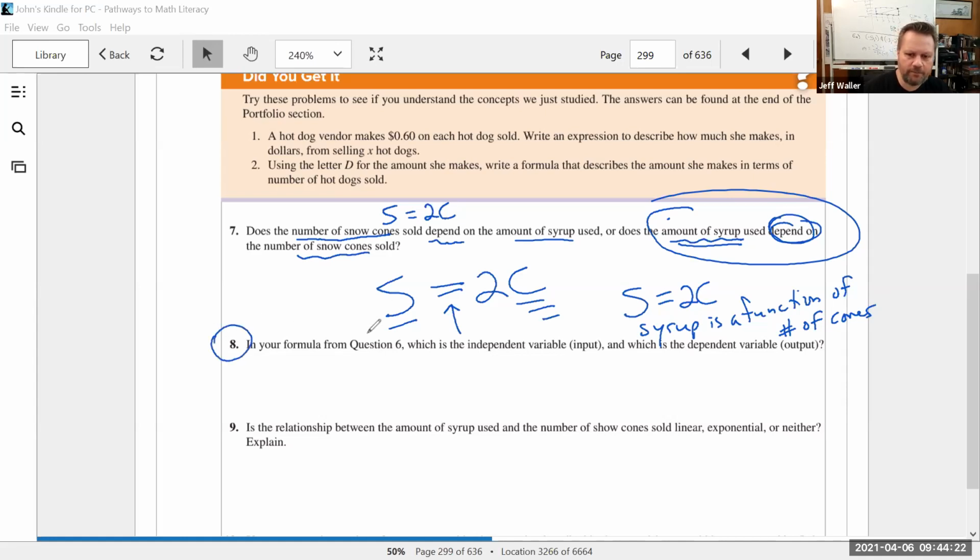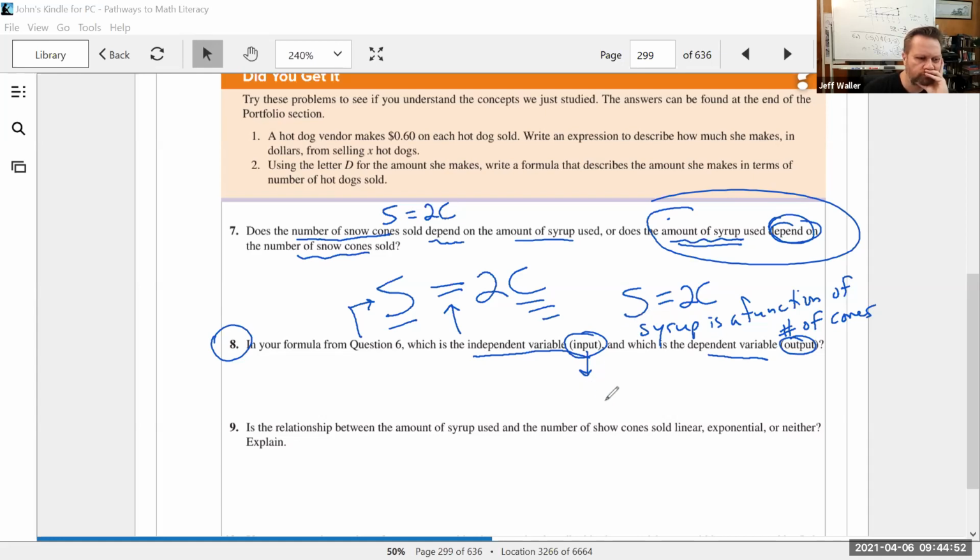Now look at number 8. We basically just gave this away a little bit. In the formula up here, which is the independent variable, which is the input, and which is the dependent variable, which is the output? What's the input? The amount of syrup?